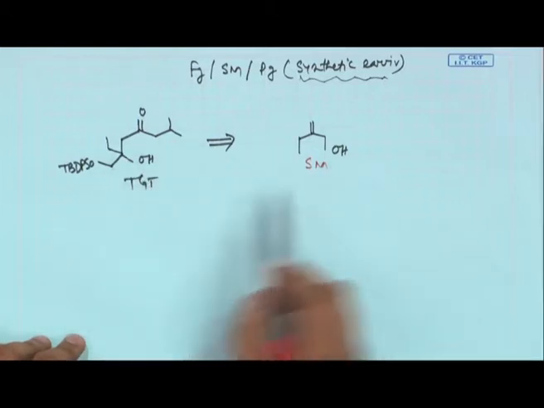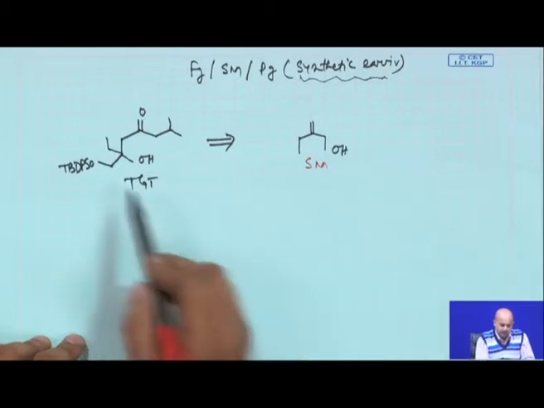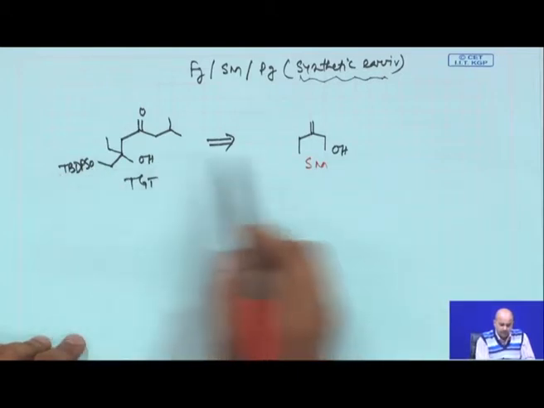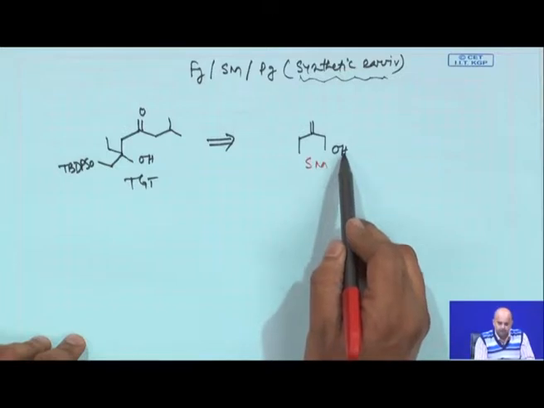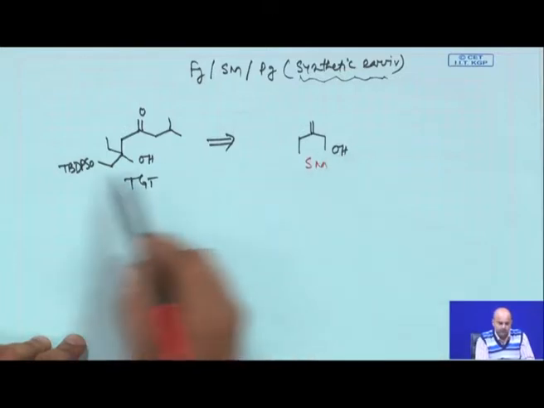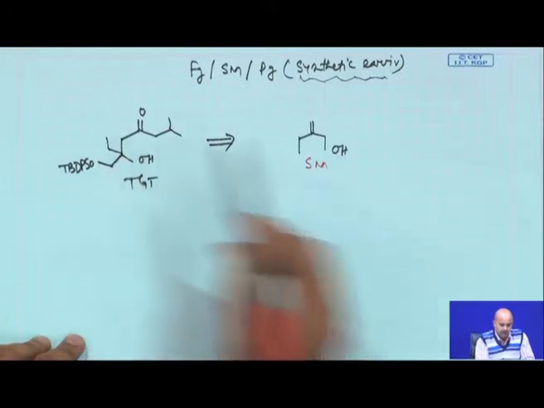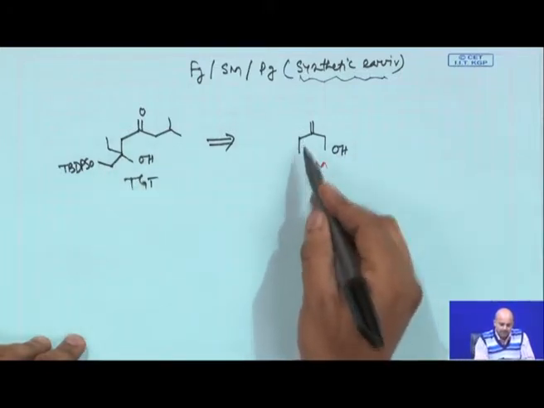Now, you can find that only this oxygen will probably be coming from this, if you protect this free hydroxy as its TBDPS ether. So, this part is TBDPS, and then you have this ethyl group.